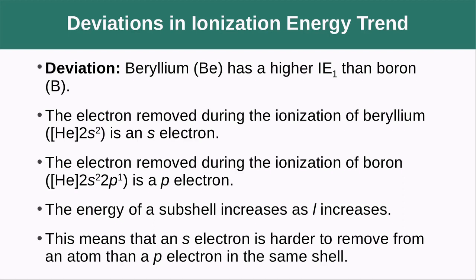Since the energy of the subshell increases as l increases, this means that an s electron is going to be harder to remove from an atom than a p electron in the same shell. So even though we would predict that beryllium would have a lower ionization energy than boron, because we're removing that electron from the s orbital, it's actually a little bit higher than it should be.